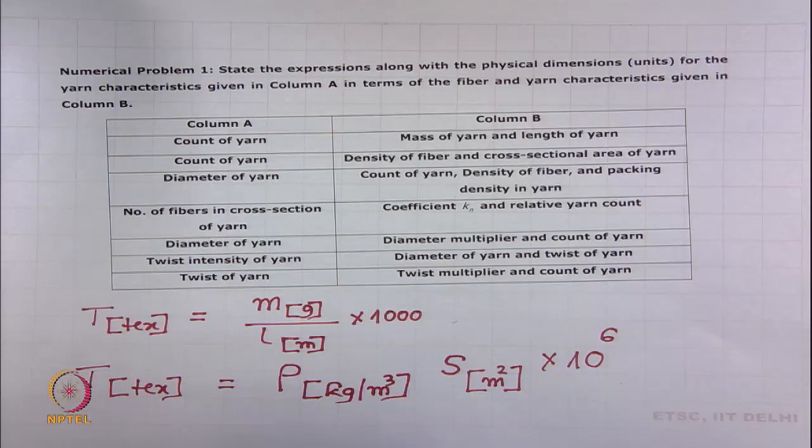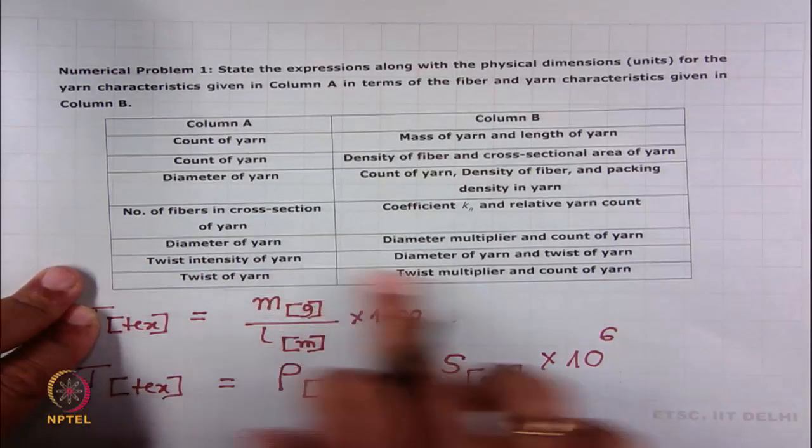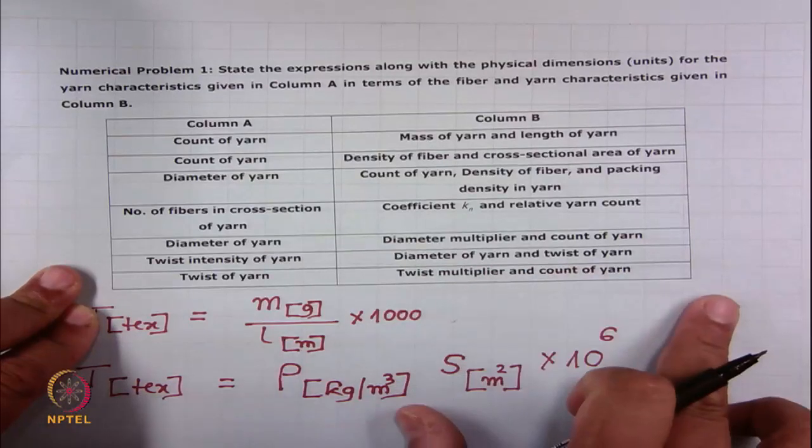Then we go to the next one, twist intensity of yarn in terms of diameter of yarn and twist of yarn.